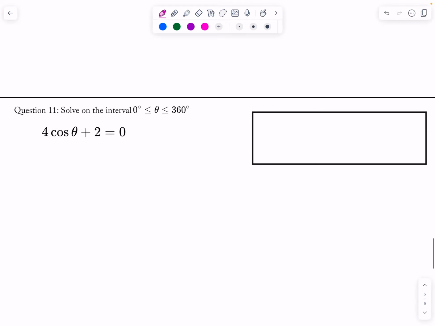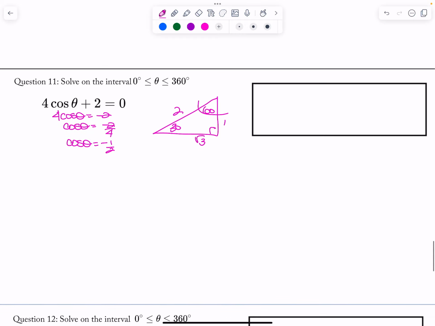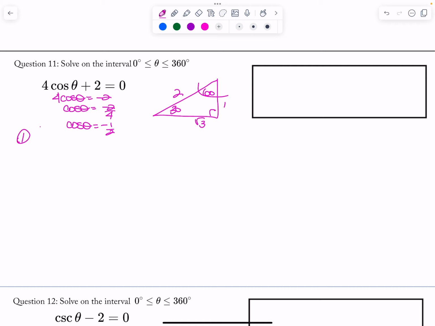Okay. Looking at 11, so I have 4 cosine of theta is equal to -2. So cosine of theta is equal to -2 over 4. So cosine of theta is equal to -1/2. So I have 30, 60, 90, root 3, 1, and 2. Cosine is going to be of 60 degrees. So first thing, cosine is negative in quadrant 2 and in quadrant 4.